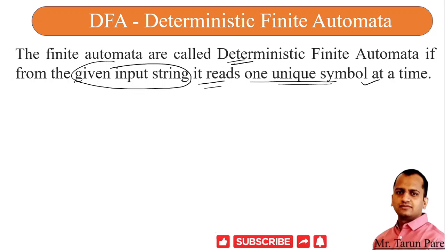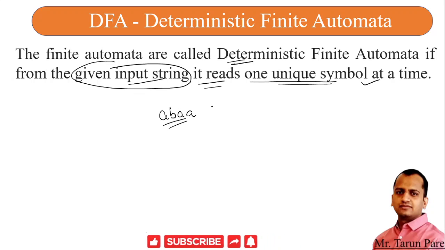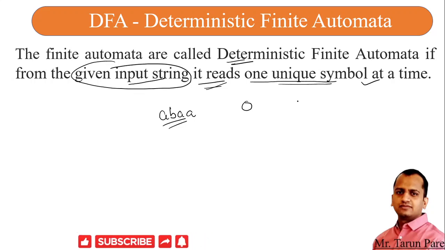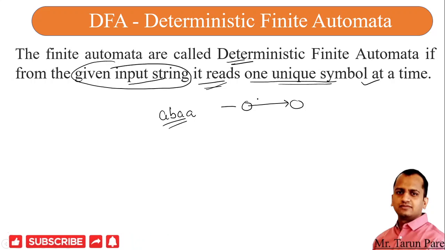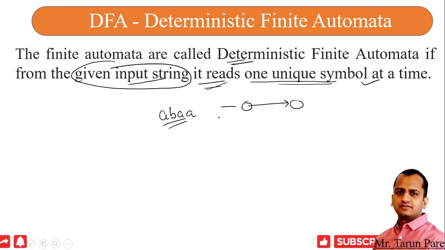Suppose the string is given, and it reads one unique symbol at a time. When it does the transition from one state to another state, at that time it should have only one input symbol, then it is called deterministic finite automata. I know that right now it's not clear to you, but have patience, by the end of the video it will be clear to you.